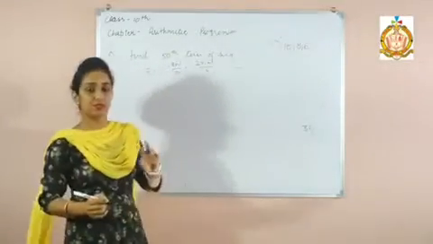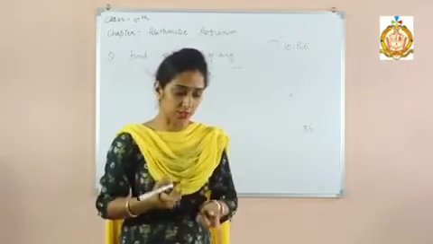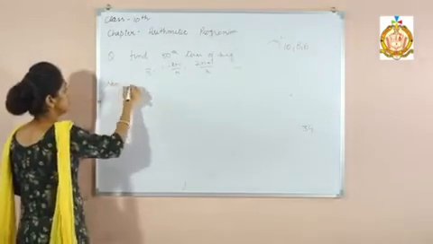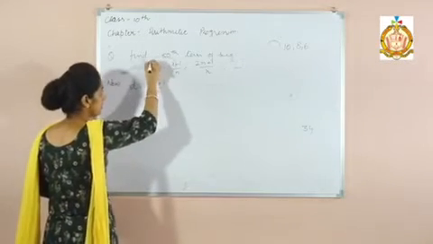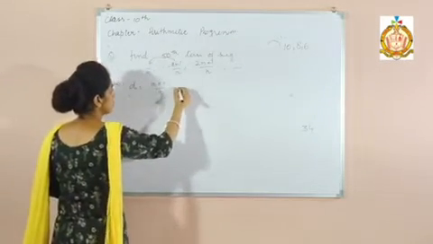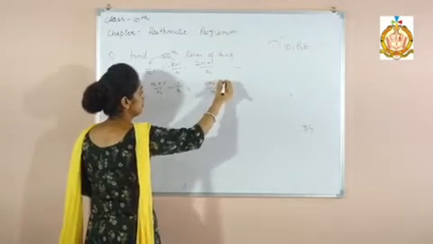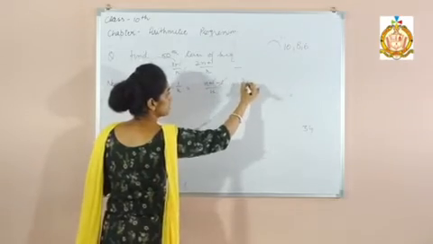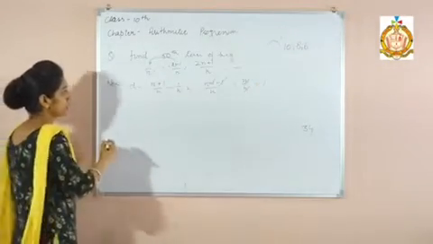So first of all, what is the first step? We have to find the common difference. After that, we put it in the general term. Now common difference d: we subtract 1 over n from n plus 1 over n, which is n plus 1 minus 1. This and this cancel, we get n over n, which is equal to 1. So the common difference is 1.